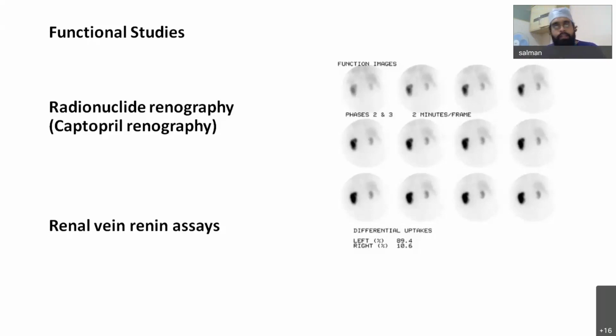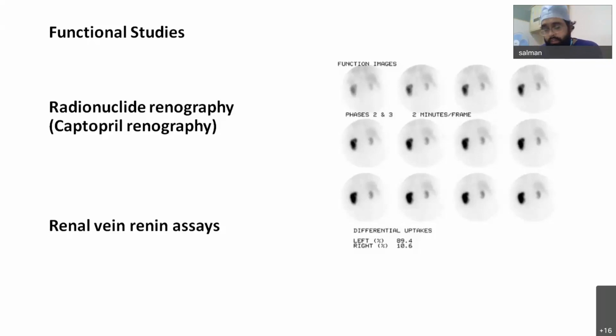What is done is that an ACE inhibitor or an angiotensin receptor blocker is given to the patient to block the response of angiotensin 2. As I said previously, patients with renal arterial stenosis have their whole physiology driven by angiotensin 2, so here they are trying to block the response of angiotensin 2.